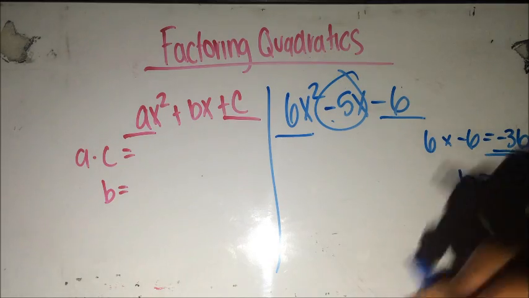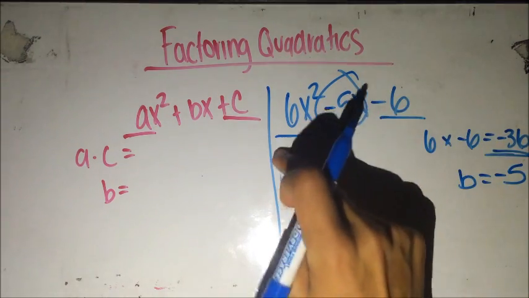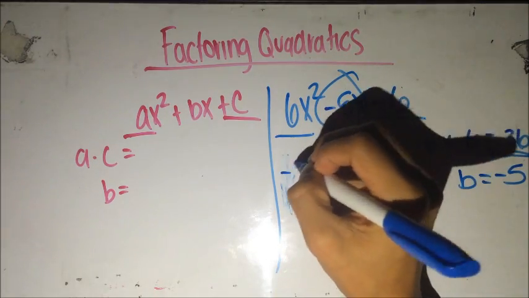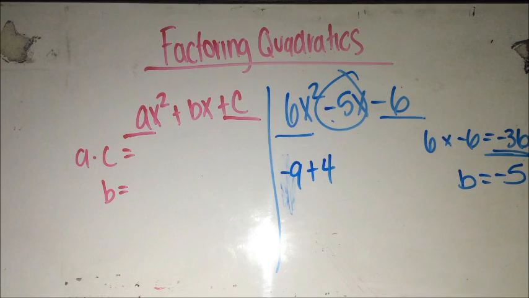So our factors would be negative 9 plus 4.